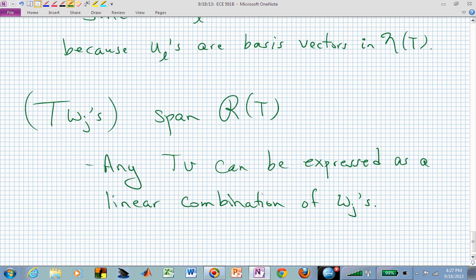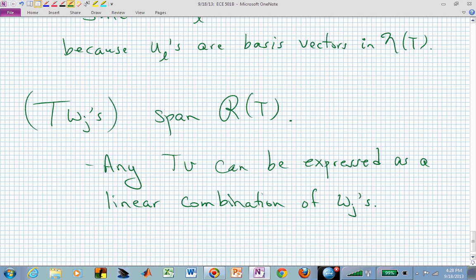The w's were spanning the rest of our domain set. And by definition, the range is just that set of vectors such that Tv, the result of operating on any vector v in the domain, gives you the range of T. That's by definition of the range of T.